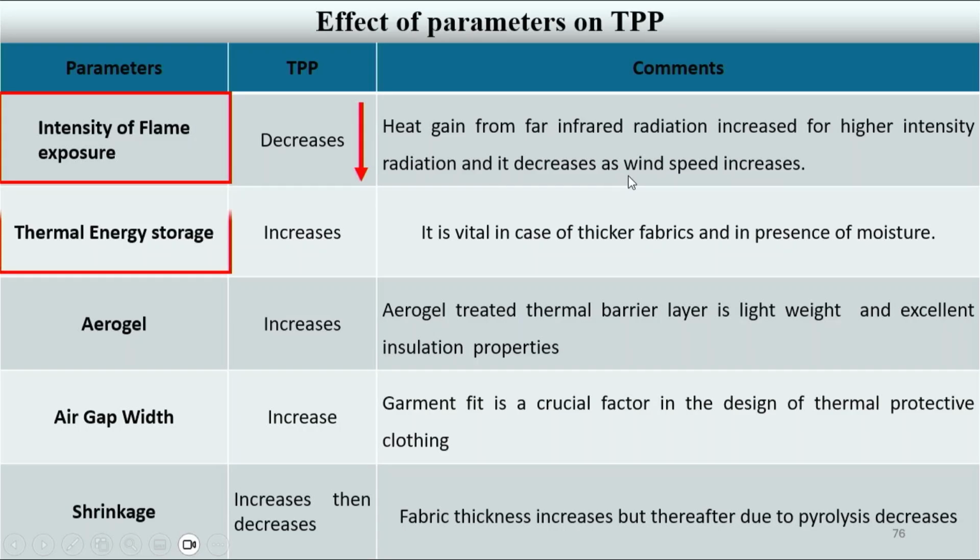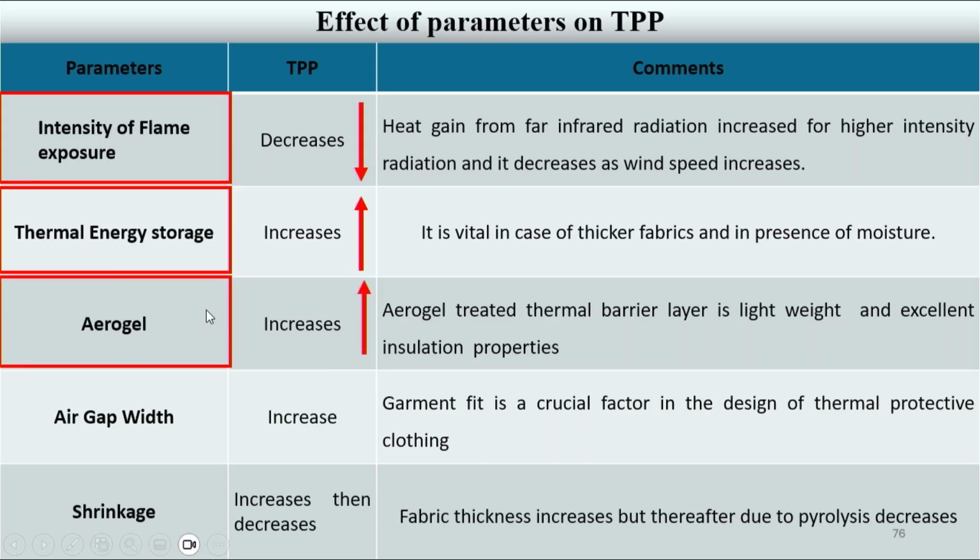Thermal energy storage, if it increases, is vital in case of thicker fabric and in the presence of moisture. Thermal energy storage is that aerogel; if aerogel increases, it increases the TPP. An aerogel treated thermal barrier layer becomes lightweight and an excellent insulator.